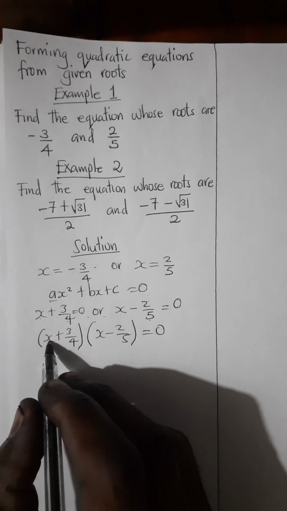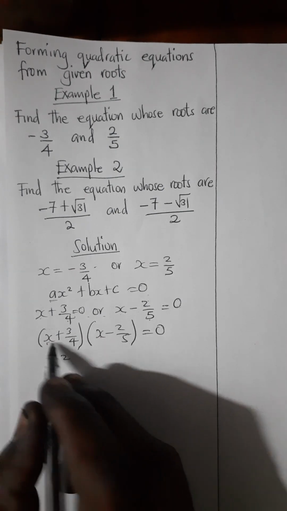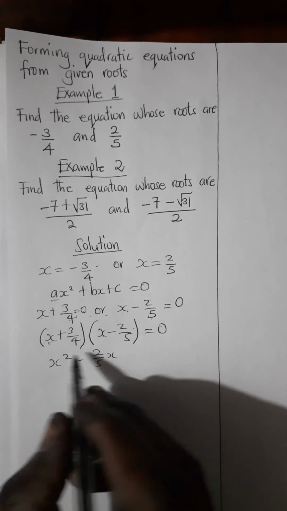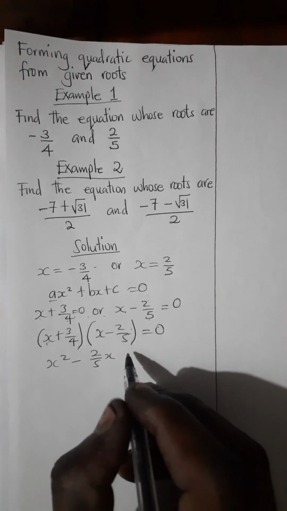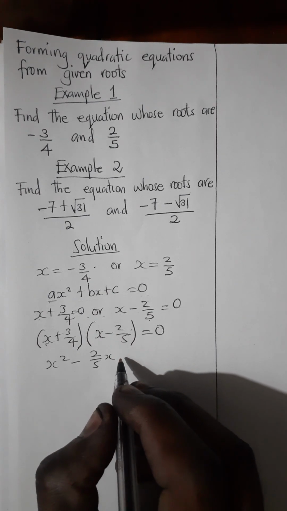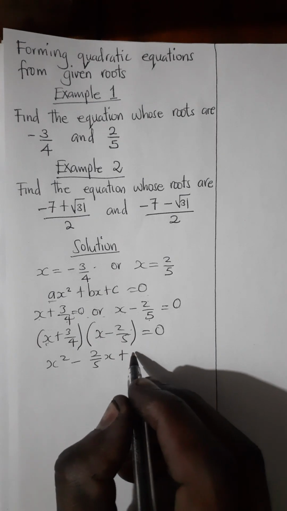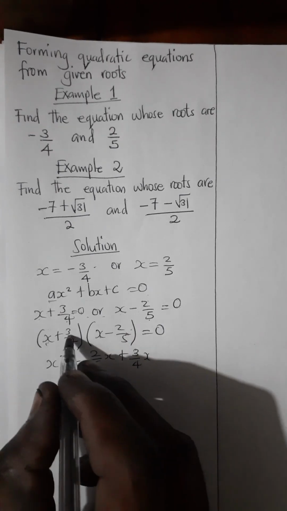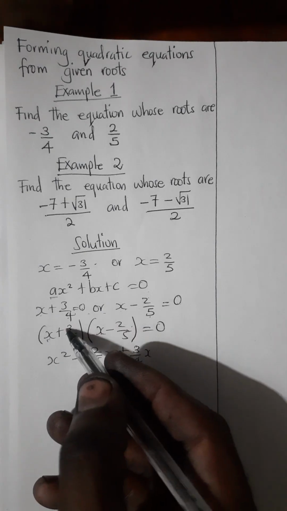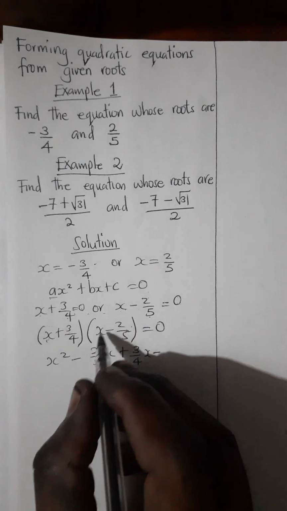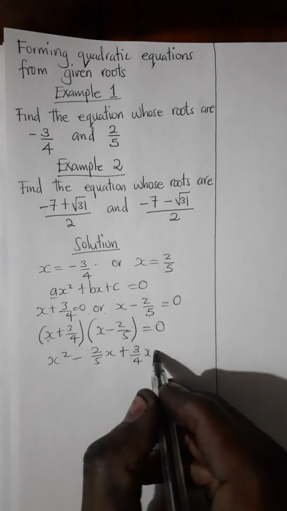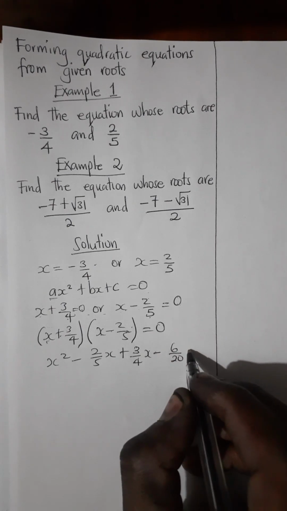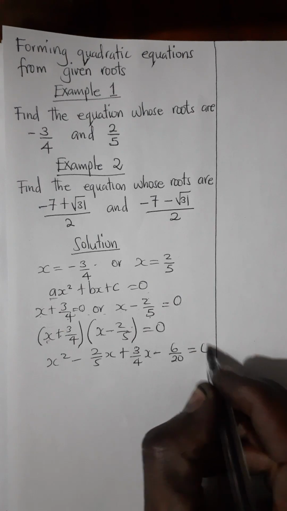Now x times x is x squared, x times negative 2 over 5 is minus 2 over 5 x, x times 3 over 4 is plus 3 over 4 x, and 3 over 4 times negative 2 over 5 is numerator times numerator, which is negative since negative times positive is negative: negative 6 over 20. And we get 0.